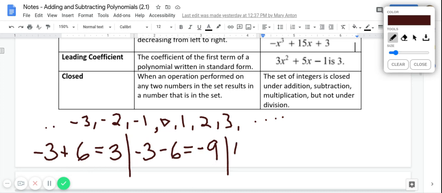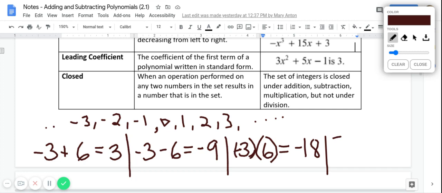Well, okay, what if I multiply them? Sorry, that's -3 times 6. That's -18. -18 is also an integer, and this will be true if you pick any two integers. Okay, but what if we divide these?